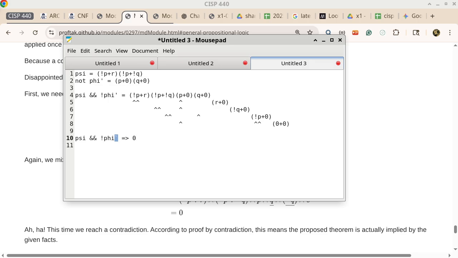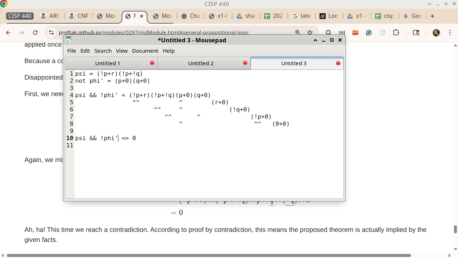But we know the implication itself has to be true, because we proved that by resolution. So if we know the implication is true, and we also know the right-hand side is false, what does that tell you about the left-hand side of the implication?